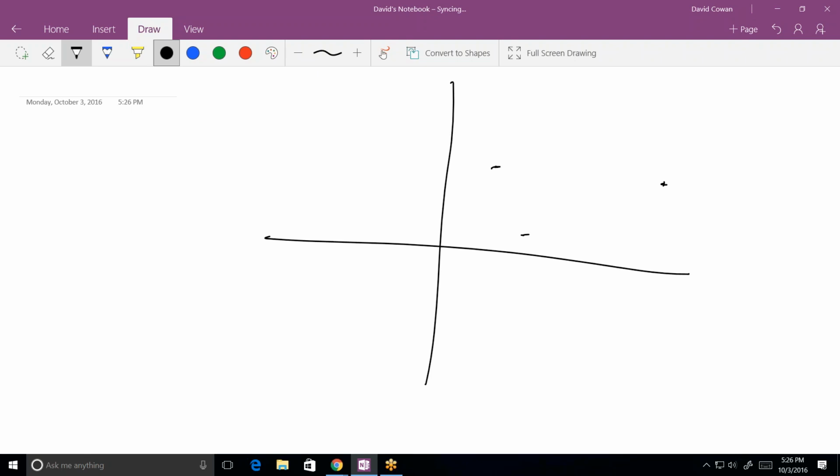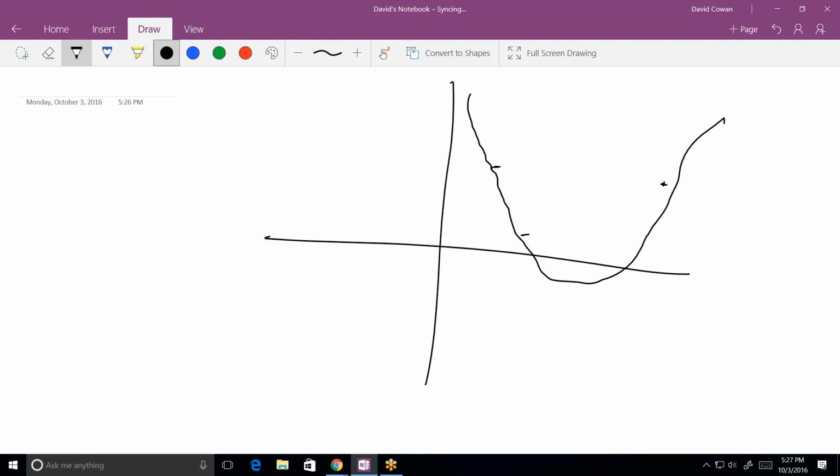The vertex is somewhere down there, so that parabola has to be drawn something like that. Just like 2 points determine a straight line, 3 points determine a parabola. If they give you 3 points, you can always figure out what parabola they're talking about. It's a unique solution set.